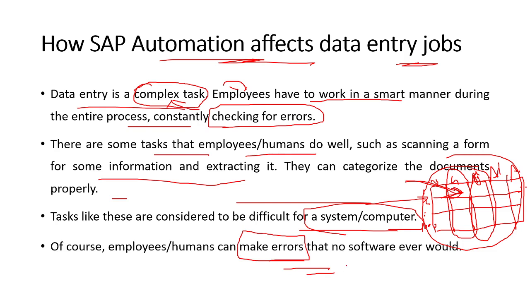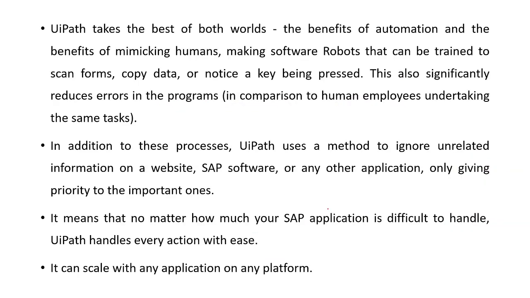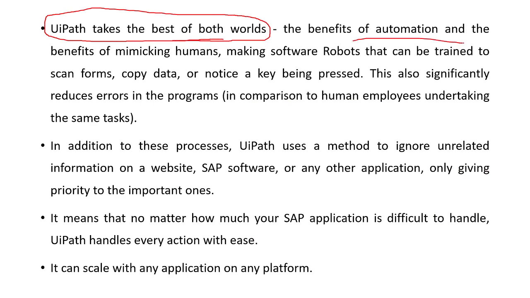So what RPA people did, they understood the scenario, and by understanding that scenario, they developed a technology called RPA, which takes the benefits of automation and the benefit of mimicking human action, making the robots more robust so that they will not fail, and the output given by the robot will be more accurate.